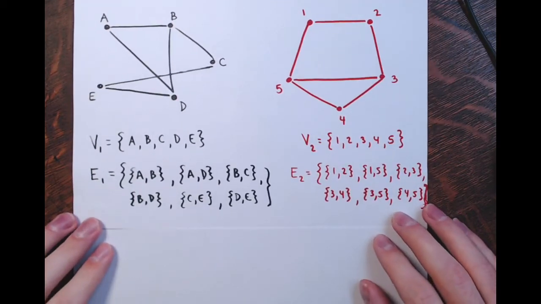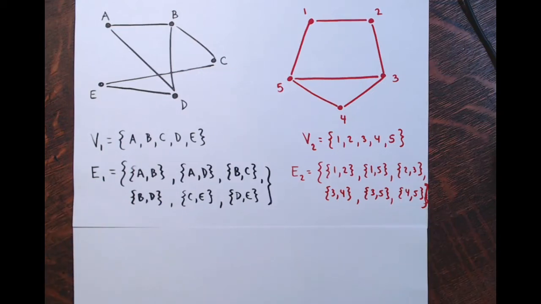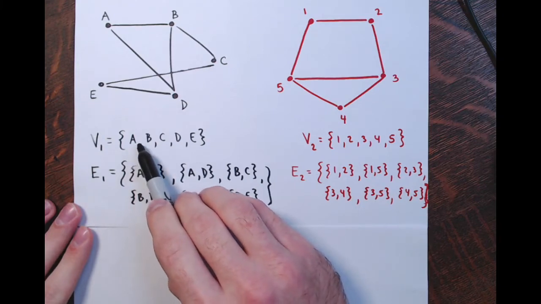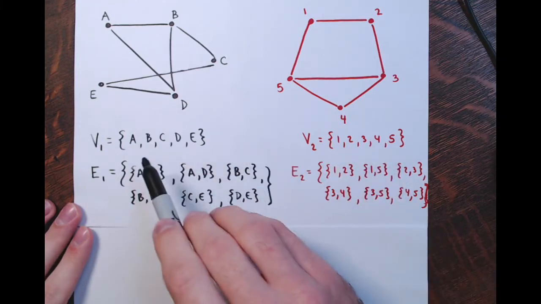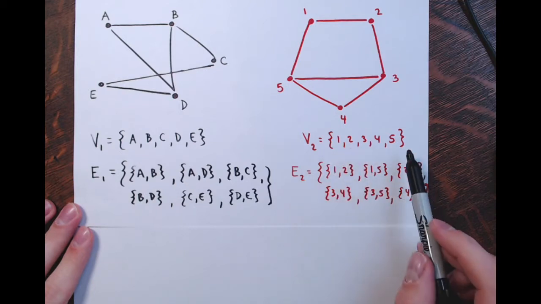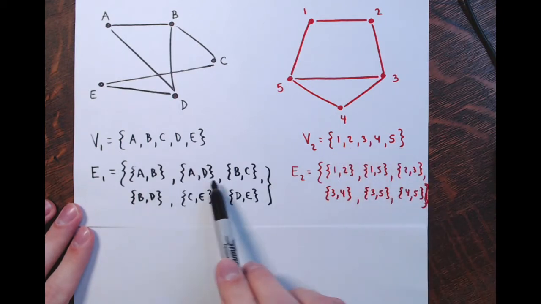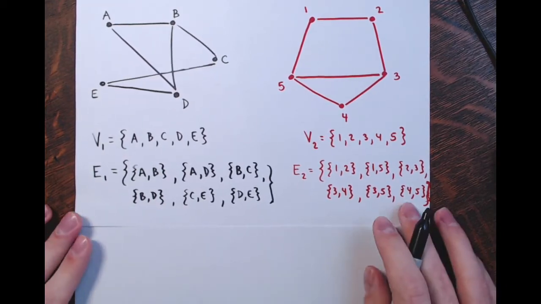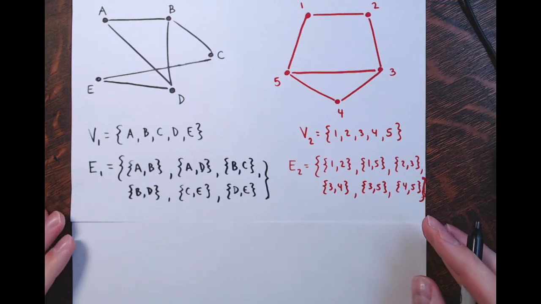So now let's try to determine, how can I create a mapping? Can I create a function that basically relabels A, B, C, D, and E as 1, 2, 3, 4, and 5 and gives me the same edge set as for the red graph? Well, let's see.